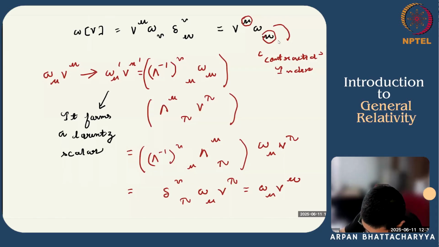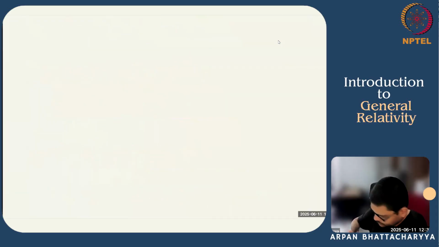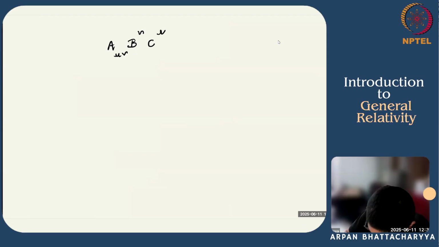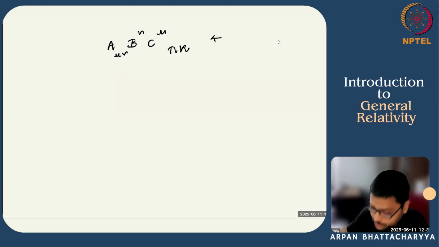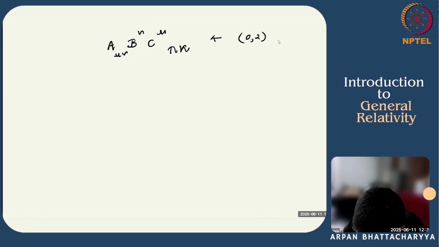Suppose we take three tensors and their components: (0,2) rank tensors, the component of some (1,0) rank tensor, a vector, such that these indices are contracted, and then a (1,2) rank tensor where these indices are contracted, and let's say this lambda. You can easily show that this transforms as a component of a (0,2) rank tensor.